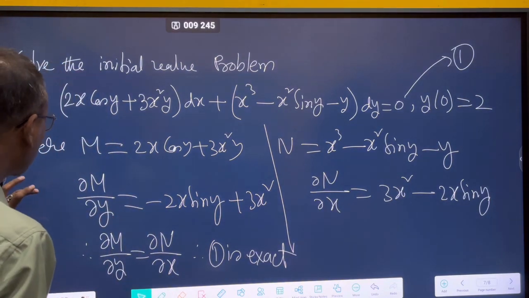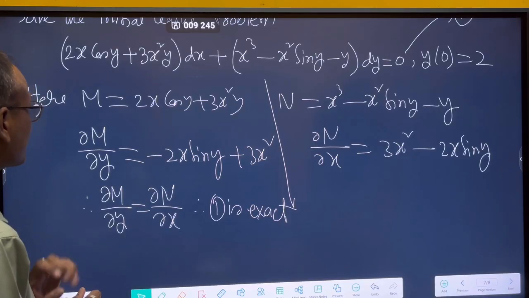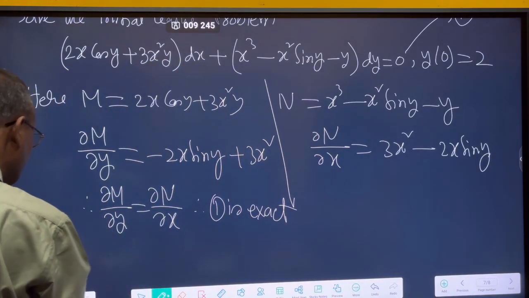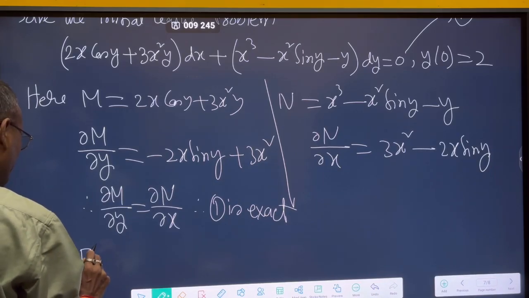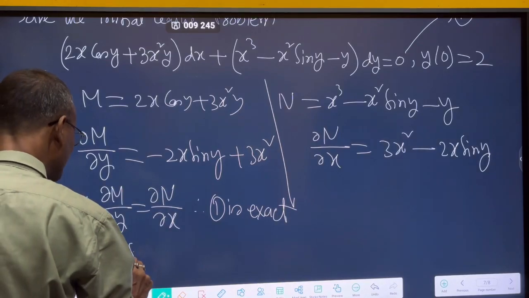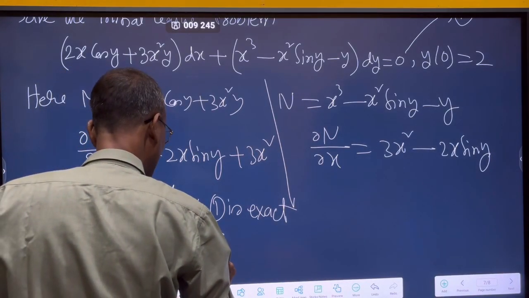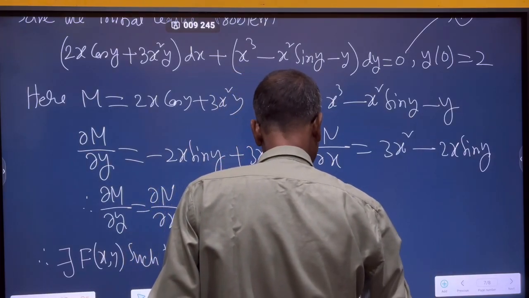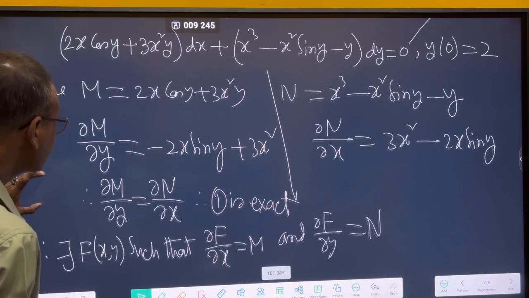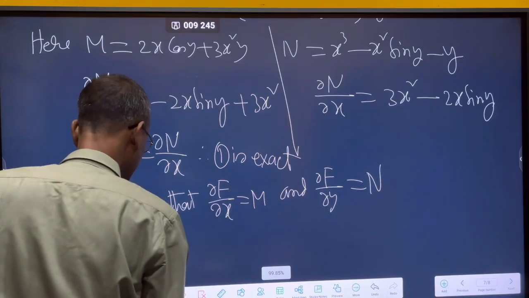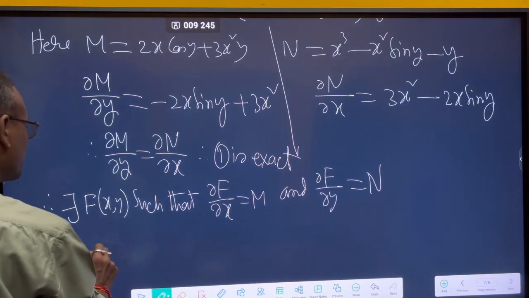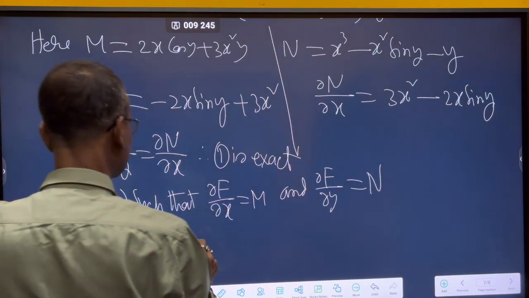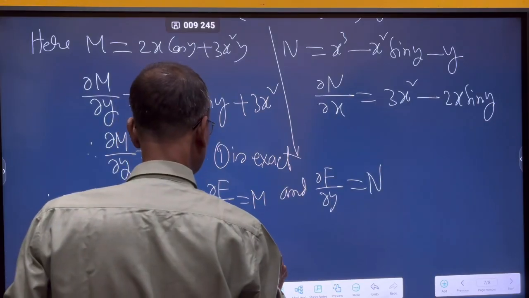Now, therefore there exists a function f of xy such that del f by del x equal to M and del f by del y equal to N. This means del f by del x, f being a function of xy, mind this, equal to M. M means twice x cos y plus thrice x square y.